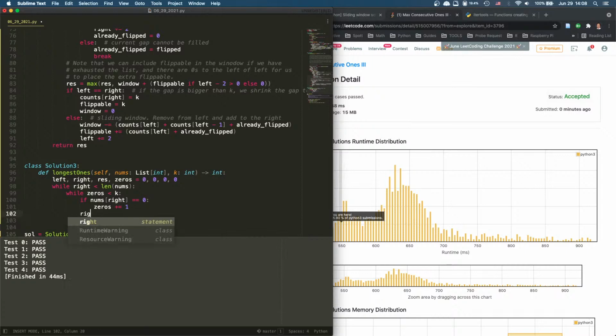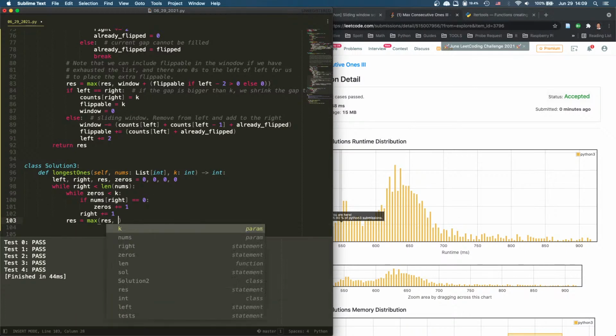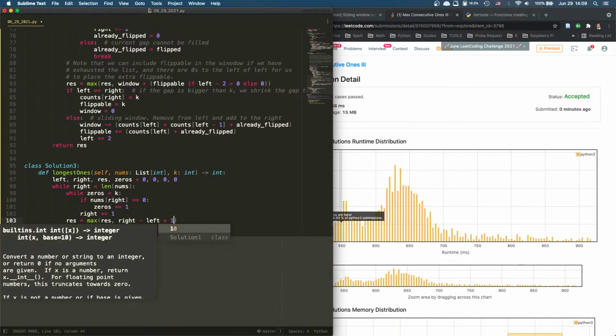Otherwise, don't do anything, then right plus equal to 1. So right keeps moving to the right until we hit the number of zeros, then we do res equals max of res and right minus left plus 1, right?